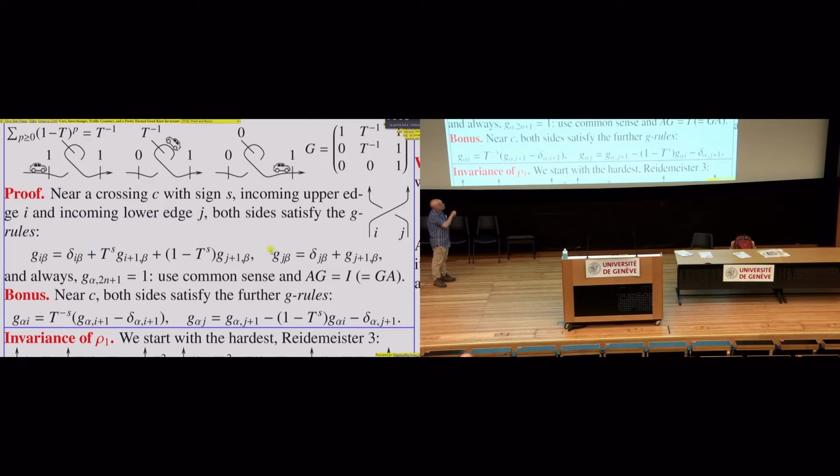The second equation, G_J beta is equal to delta J beta plus G_{J+1} beta, really says that if beta is far away, not equal to J, then it just says that G_J beta is equal to G_{J+1} beta, which means that if a car is injected at J, it's the same as if it's injected at J plus 1, which is the traffic law that says that when you go under a crossing, nothing happens.